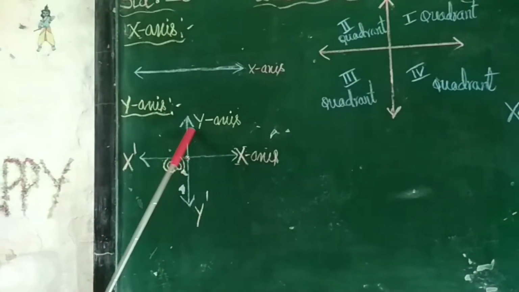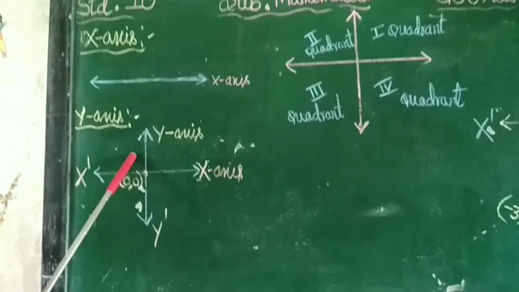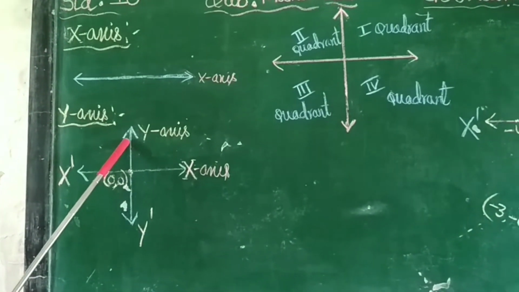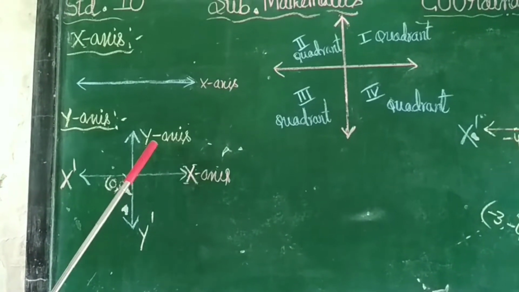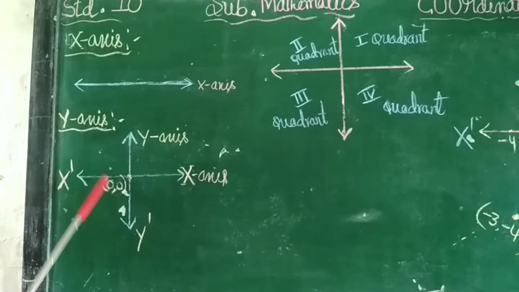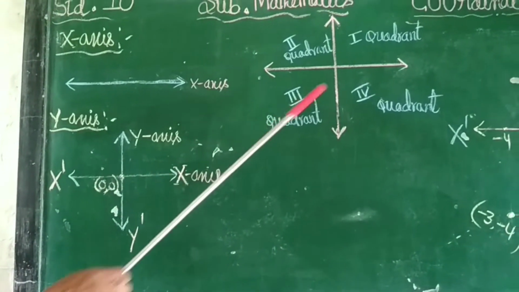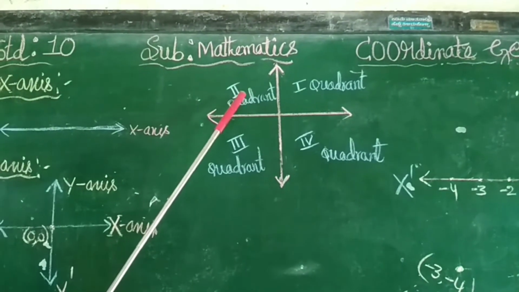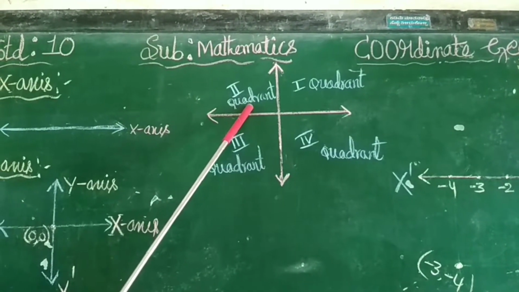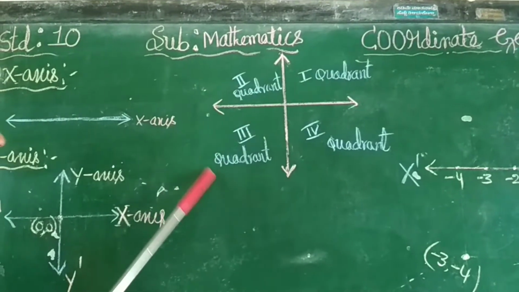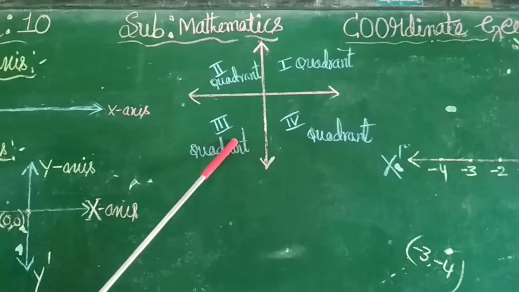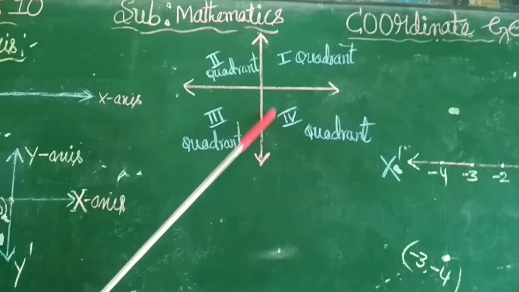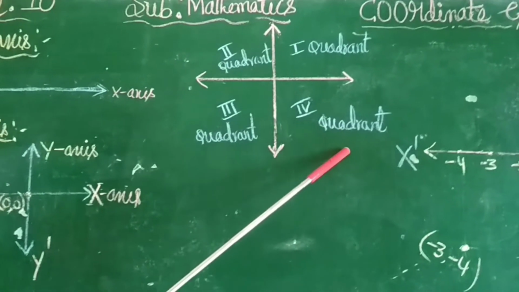When these two axes are drawn in this way on any plane surface, it divides that plane into four equal parts. The first part is called the first quadrant, the second part is called the second quadrant, the third part is called the third quadrant, and the fourth part is called the fourth quadrant.